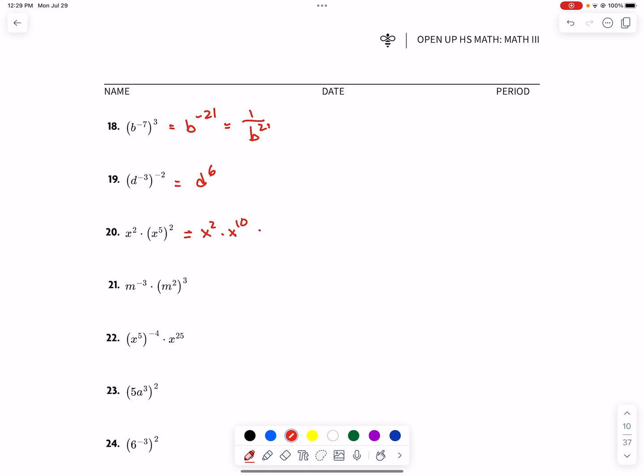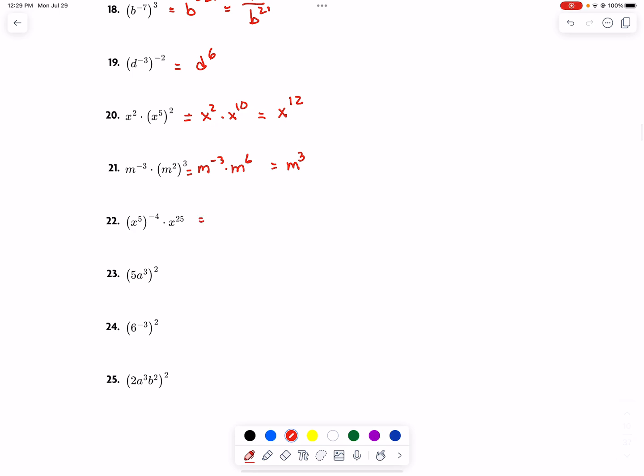Multiply exponents to distribute, add exponents to combine. These are all pretty similar to the previous things.